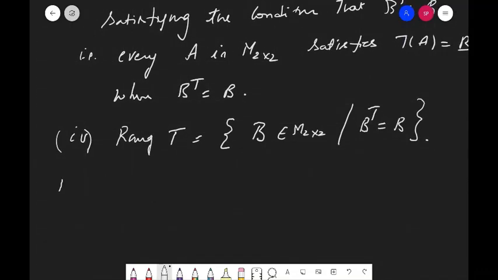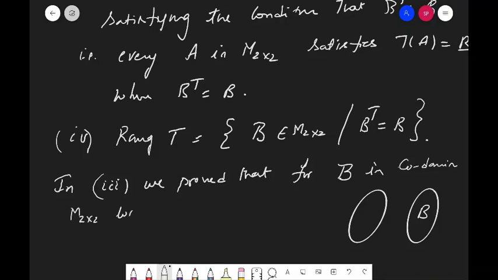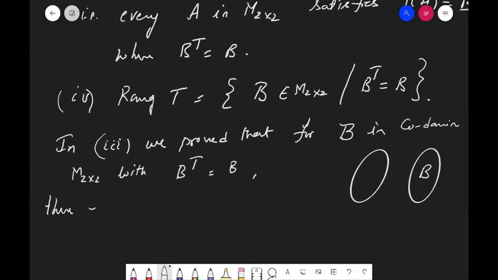Now in the third one, what did we prove? We proved that for B in the codomain M2 by 2 with B transpose equal to B, there exists A in M2 by 2, that is the domain.